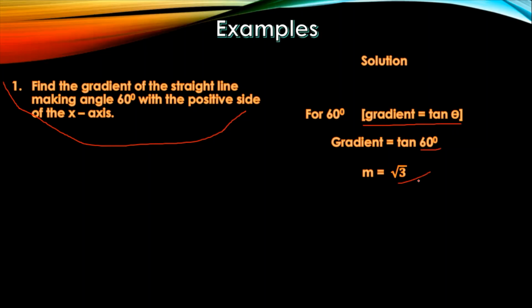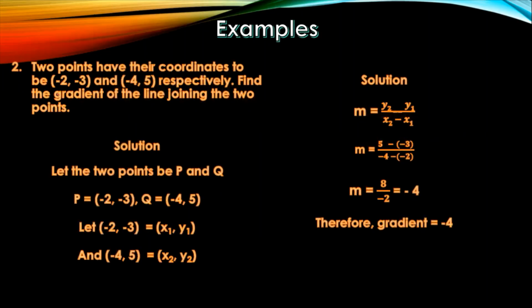And that is it. The second question says 2 points have their coordinates to be (-2, -3) and (-4, 5) respectively. Find the gradient of the line joining the 2 points. Our points are P and Q, which we know this to be x1, y1, and this to be x2, y2. Then we just put the values into our formula, which is y2 minus y1 over x2 minus x1.